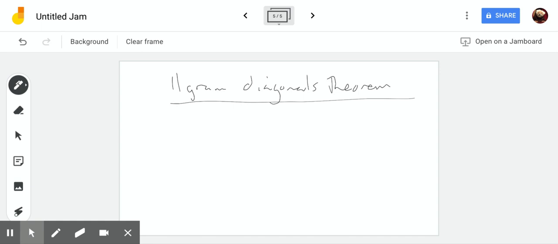So, if it's a parallelogram, then diagonals bisect each other.